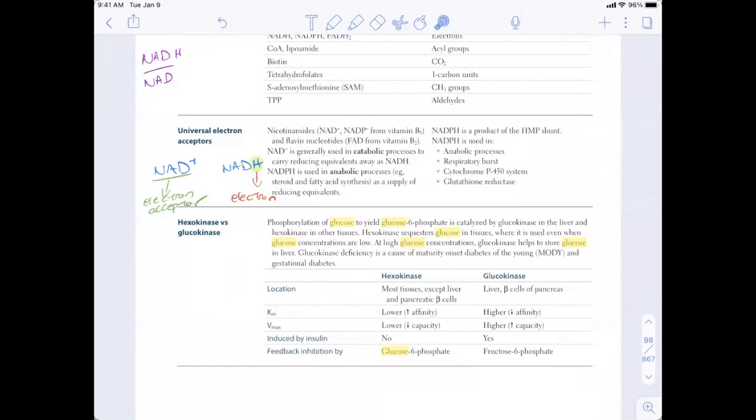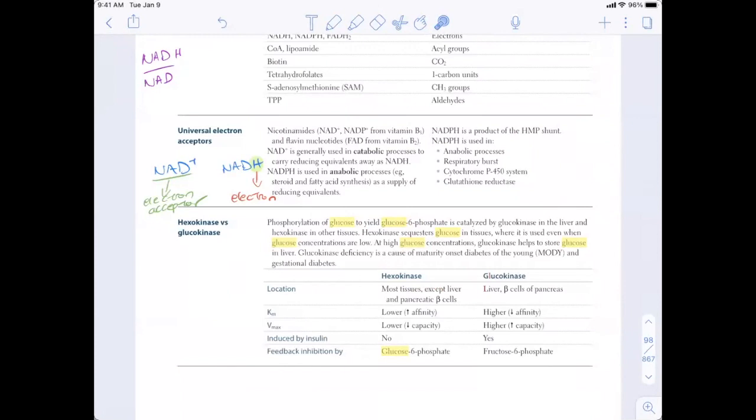However, we need to know the location. Where do you have more hexokinase and where do you have glucokinase? Hexokinase is in most tissues except your liver and your pancreatic beta cells, because the liver and pancreatic beta cells are where you find glucokinase.